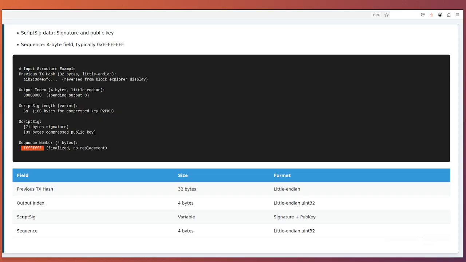A sequence number beginning with 0x and ending with FF signals that the input is finalized and cannot be replaced. Lower values can indicate relative lock times when combined with BIP68 and BIP112. For standard transactions without time lock requirements, the sequence is typically set to beginning with 0x and ending with FF.